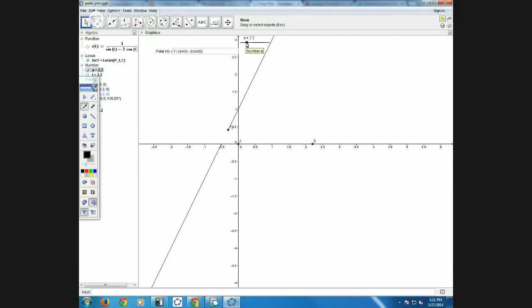Wait, what? Can you say that one more time? I can't say that. But the interpretation of a polar line, it's a circle with infinite radius. Well, no, it really is a straight line.